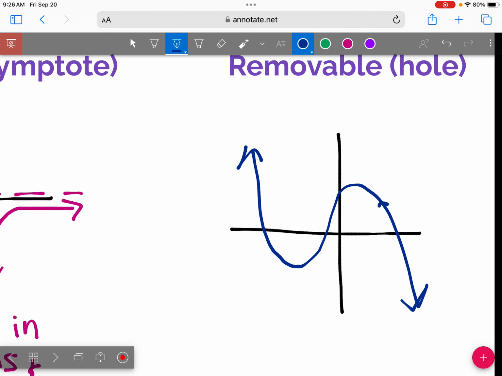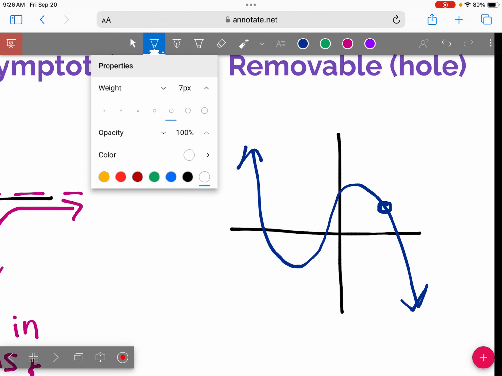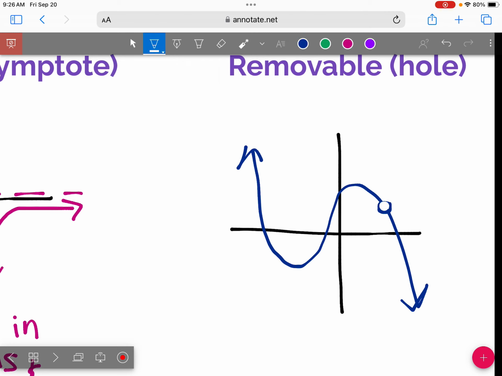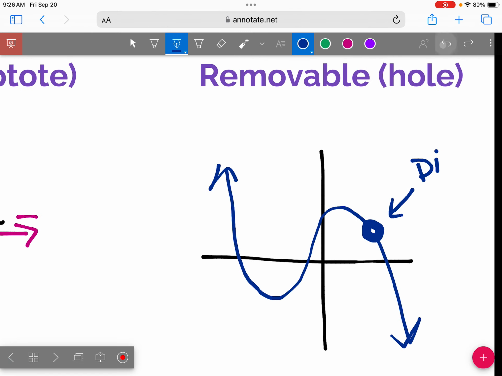But at some point on my line, somebody's going to stab a hole in it. And we put an open circle. That is my discontinuity.